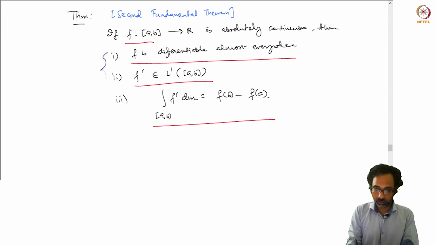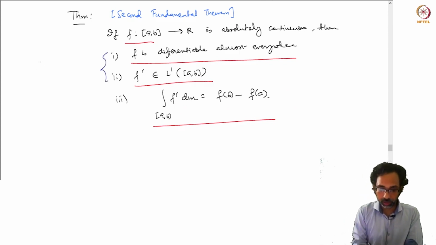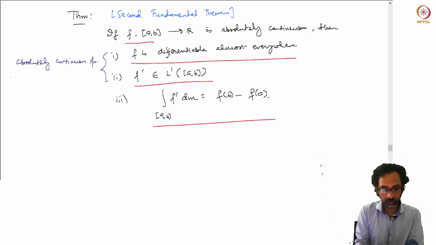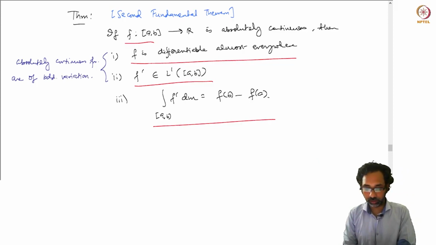Now the first two are actually consequences of the fact that absolutely continuous functions are of bounded variation. We have shown that a function of bounded variation is differentiable almost everywhere.